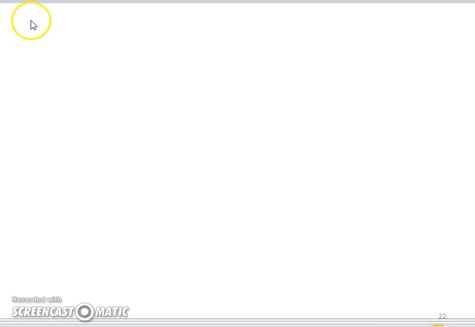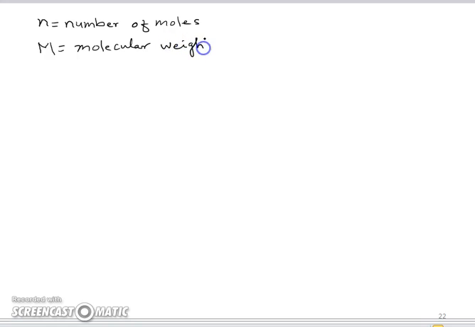So if n is the number of moles, and capital M is the molecular weight, which is a chemistry term, it's not really weight, it's a mass.